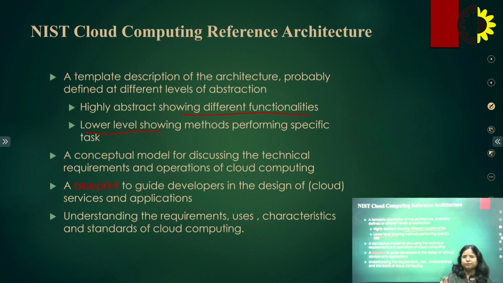So we can say this NIST cloud computing reference architecture is the abstraction of the functionalities and the methods performing the specific task. This model is also called the conceptual model.